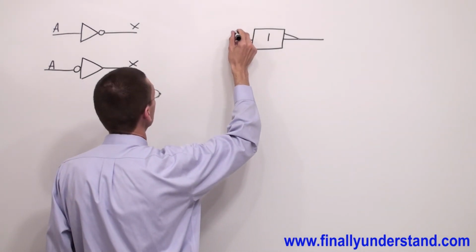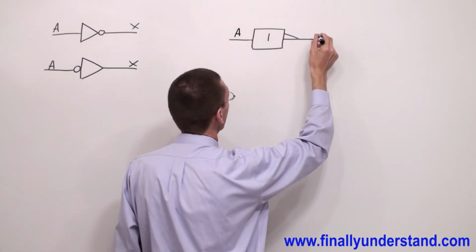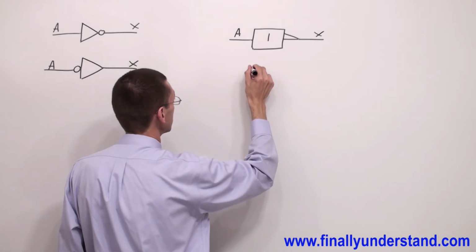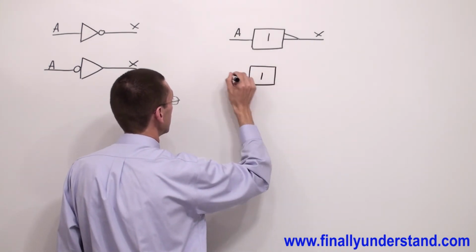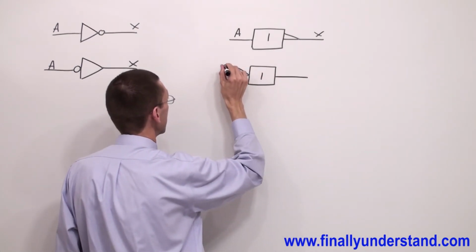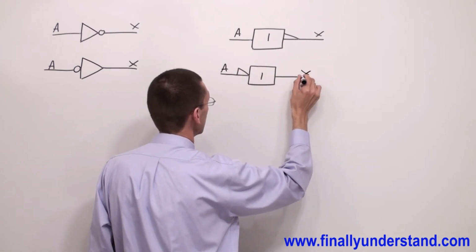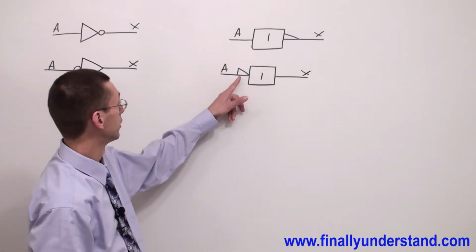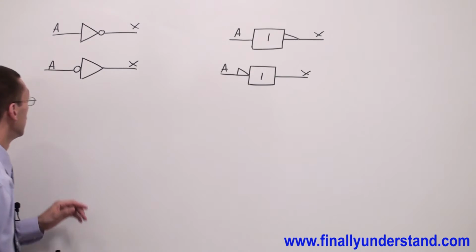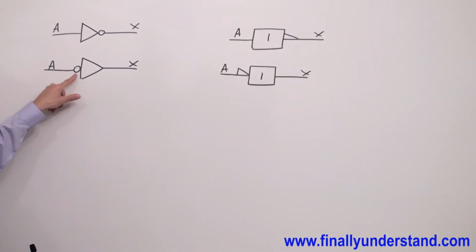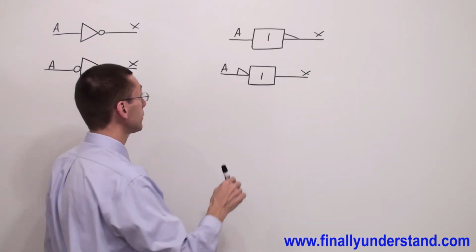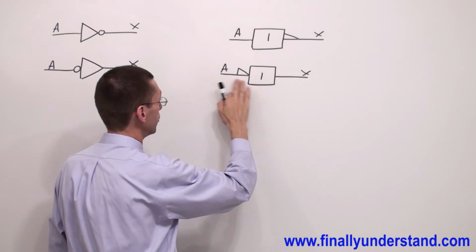So we have input A, and this is my output X. Also, you can draw the same inverter like this. This is input A, and this is output X. Again, this triangle is nothing else, just the polarity indicator. This is the same thing as the bubble for distinctive shape symbols. So this is my input, this is my output, this is my input, this is my output.